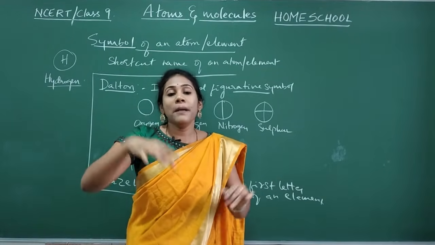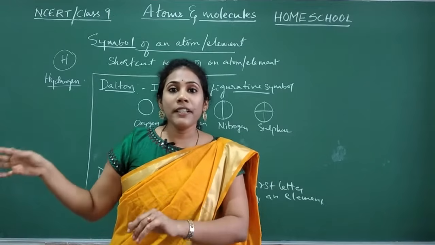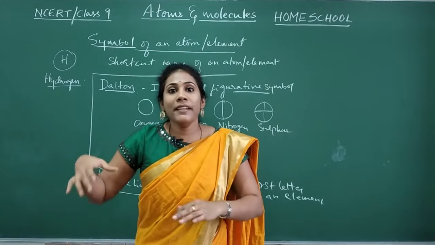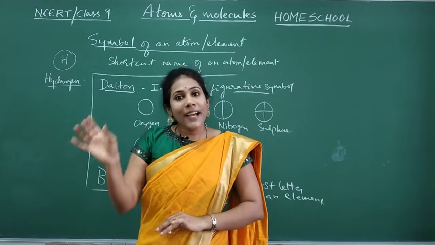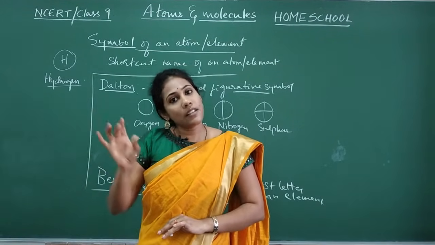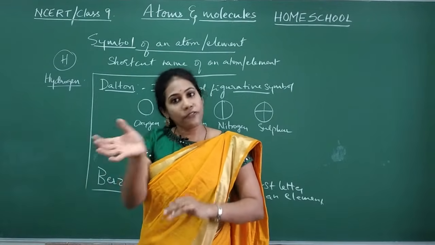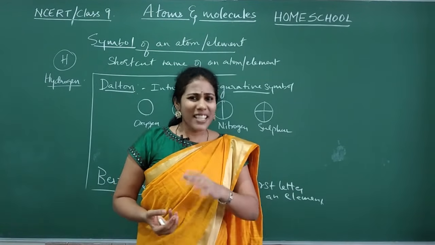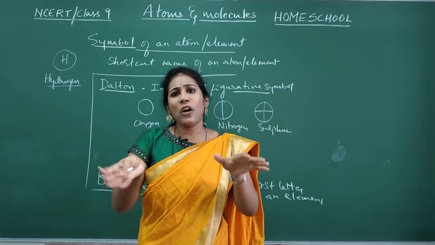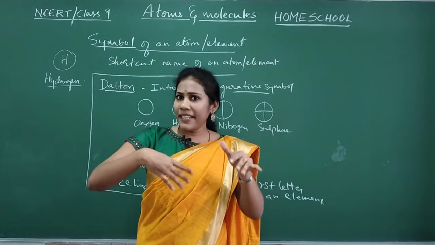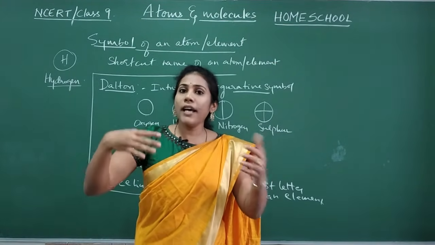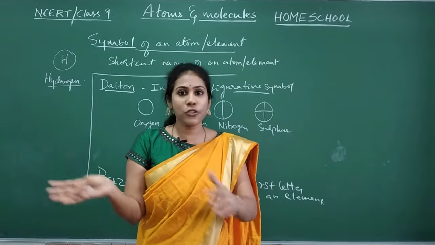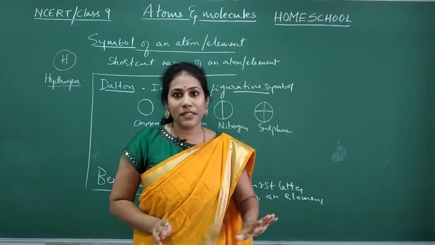Say, a particular scientist was born in some particular place. Maybe he has so much love for the place that the starting letter of the name of the place itself, he gave it for the name of an element. Like that, different elements got their names from the scientist's name itself, or the name of a place, or the name of a source where they are naturally present.